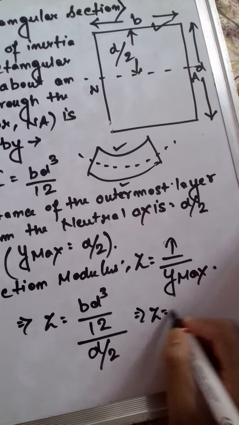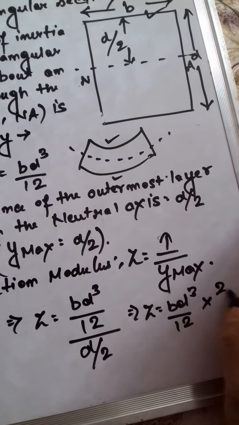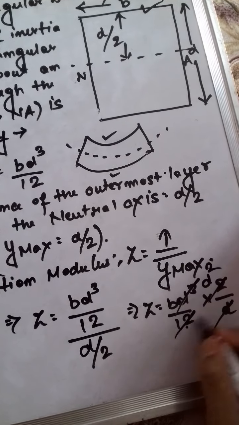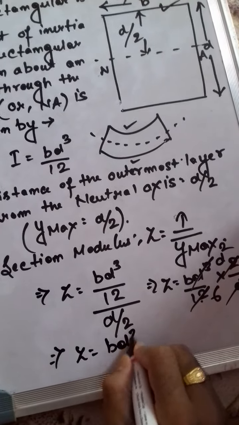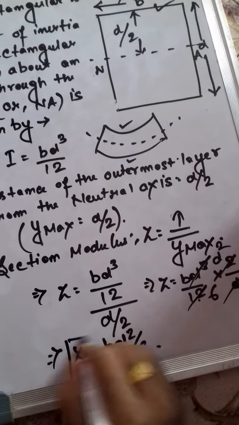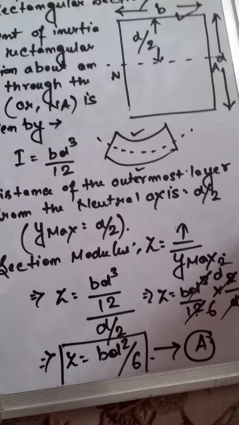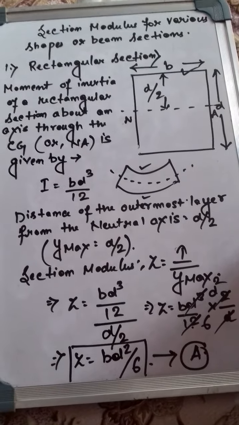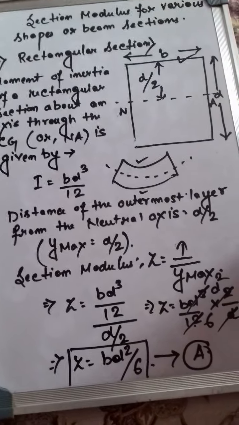So what we will get: bd cube by 12 into 2 by d. So we are getting section modulus for a rectangular section, bd square by 6. This is the section modulus for a rectangular section. Z is equal to bd square by 6. So I hope in this case there is no problem. Okay, let us do for some other section.